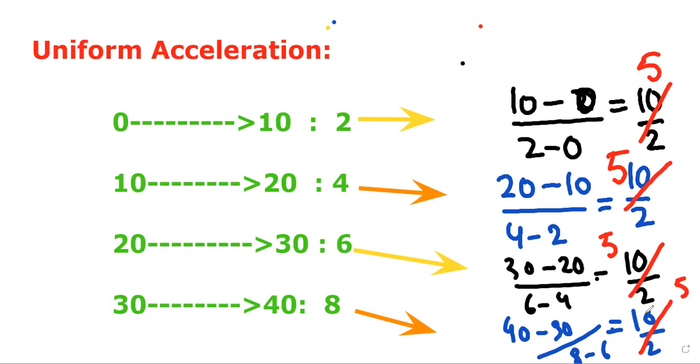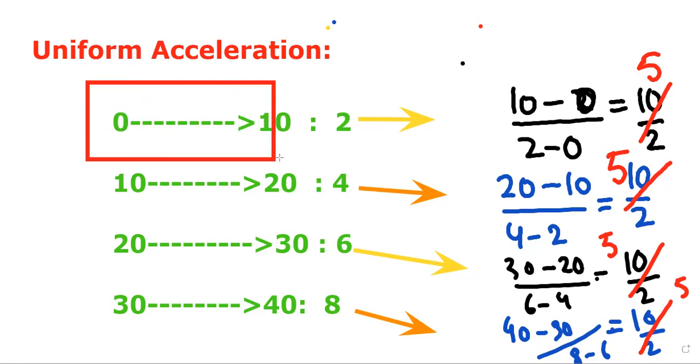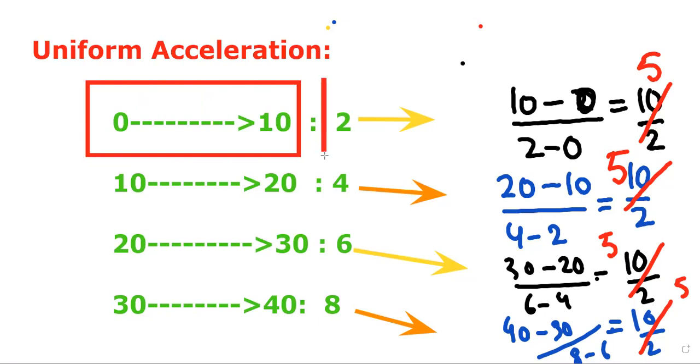So you can see in each interval, for the first interval, the velocity is changed from 0 to 10 in 2 seconds, and the change in velocity with time is called acceleration. When we calculated the acceleration, it was 5.